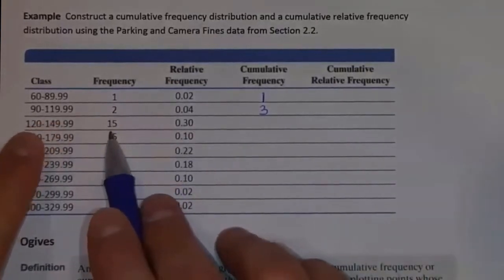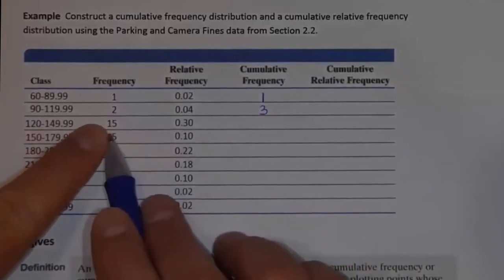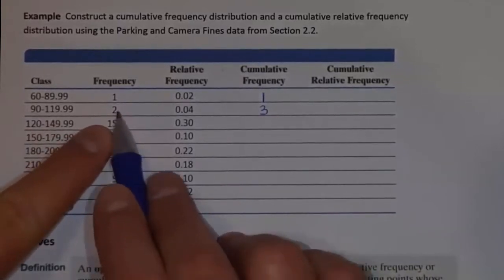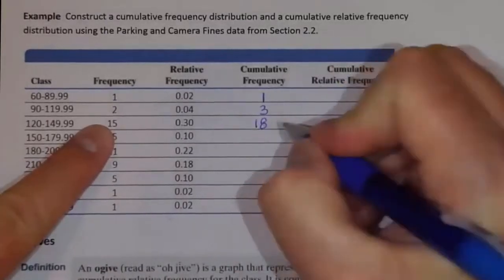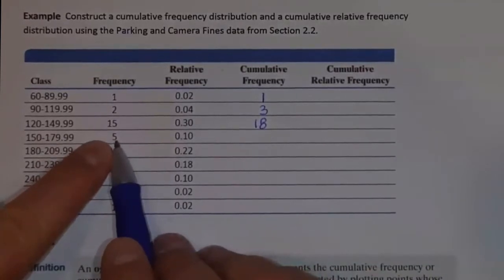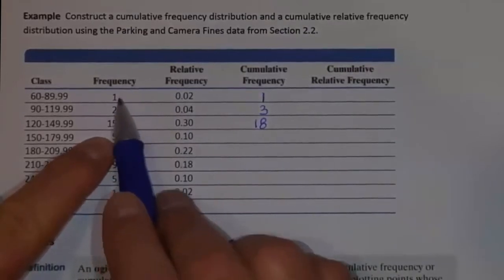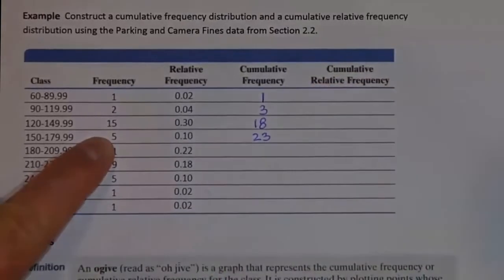For the next class, if the frequency is 15, then the cumulative frequency is going to be those 15 plus the previous 3. So the cumulative frequency is 18. So next, the 150 to 179.99, the frequency is 5. So we're going to take that 5 plus the previous 18. The cumulative frequency is 23.